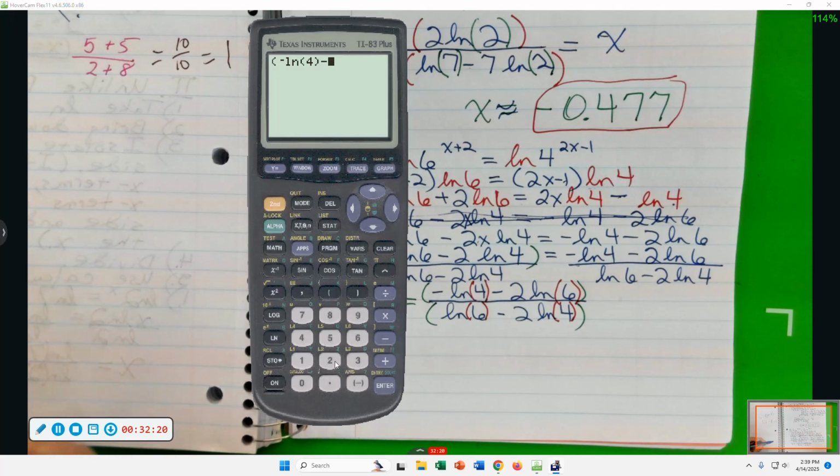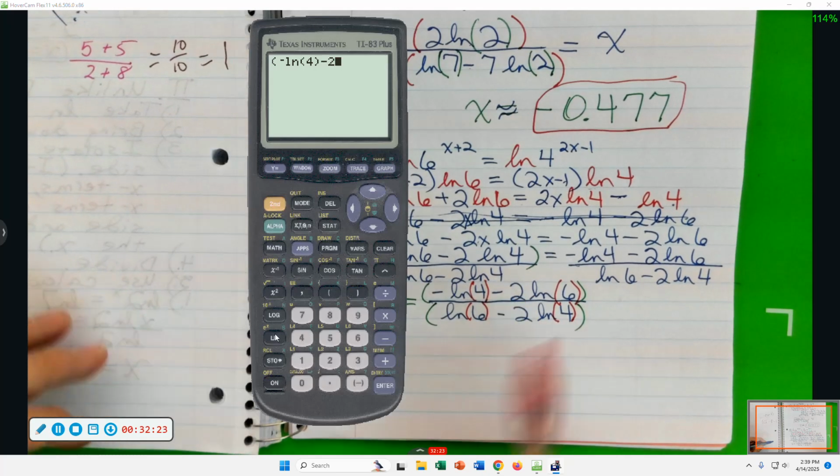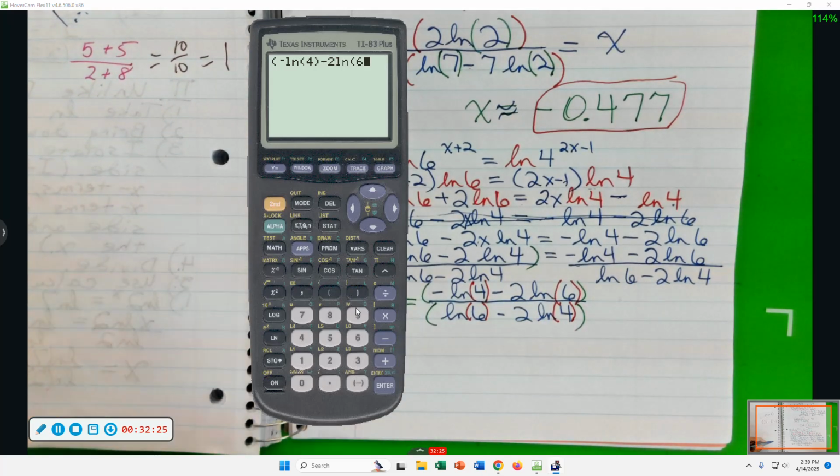So this middle symbol is a minus, 2 ln 6, gotta put the 2, close parentheses, close, divided by, left parentheses, ln, open the parentheses, so type that 6 and close it, minus 2 ln 4, close, close.